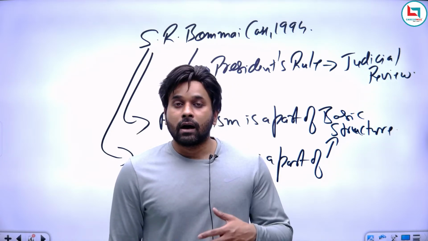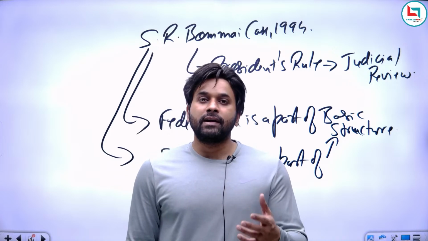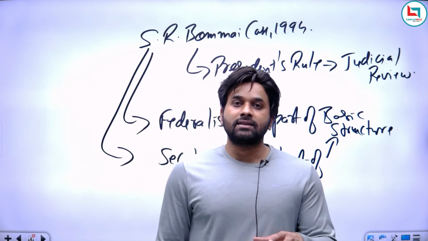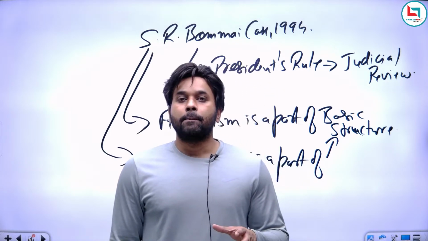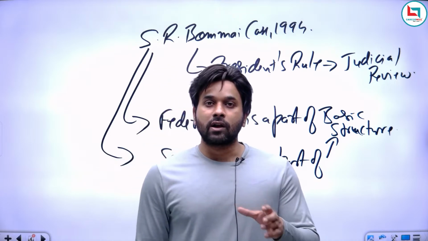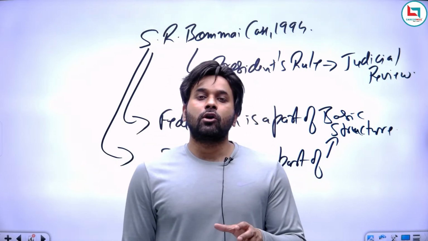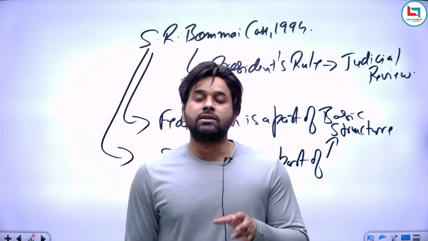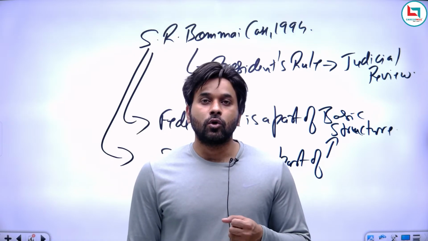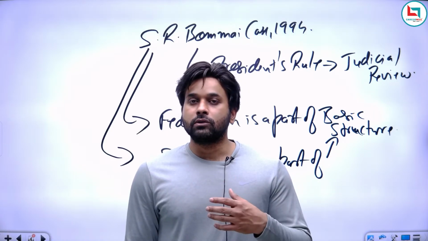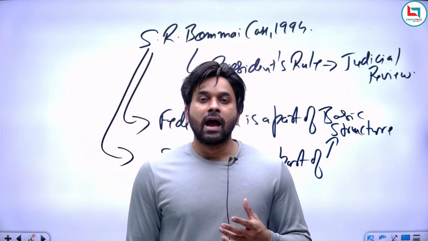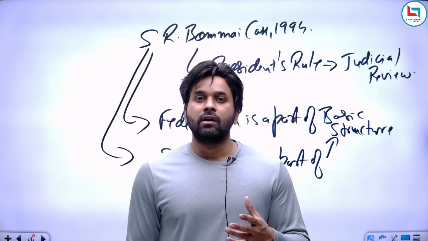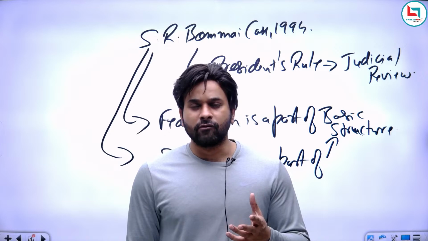So what happened? Fearing that there would be riots across the country, the central government banned these religious organizations. But the problem was that the government had banned the RSS, Vishwa Hindu Parishad and Bajrang Dal, but these organizations were functioning in the states of Madhya Pradesh, Himachal Pradesh and Rajasthan. And why? Because these states were ruled by the BJP. So these organizations were functioning without any issue.